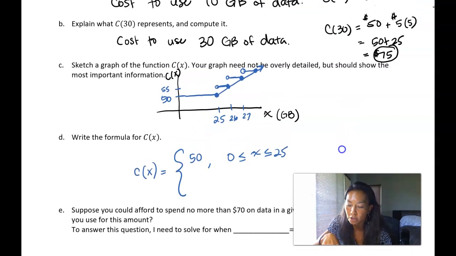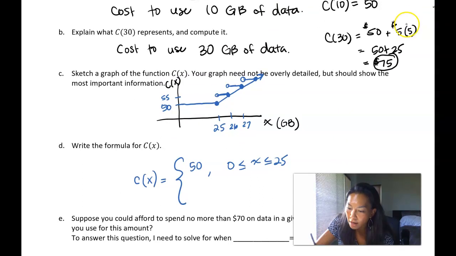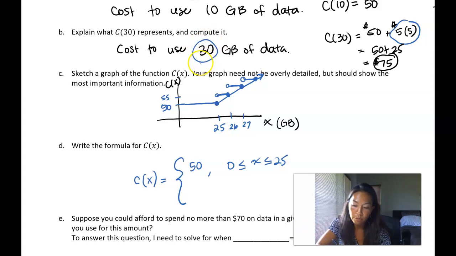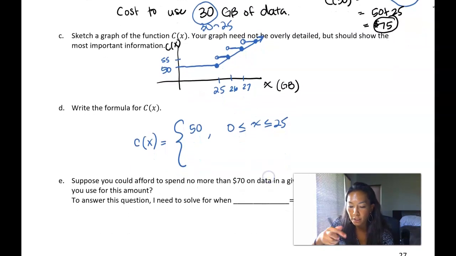How does it change? It looks like I have to add $5 for every gigabyte over. And how do we calculate the gigabyte over? In our case, I knew that this was 30, so it was 30 minus 25, yeah? So if my x is 30, I'm going to have to multiply by 5. If my x is 40, I'm going to have to multiply by 15.